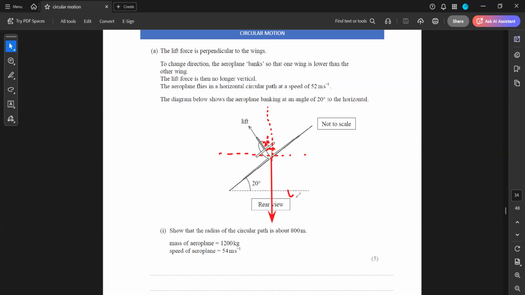The weight is acting downward. So what will the component be? The component along the angle is L cosine 20, and the component opposite to the angle is L sine 20.